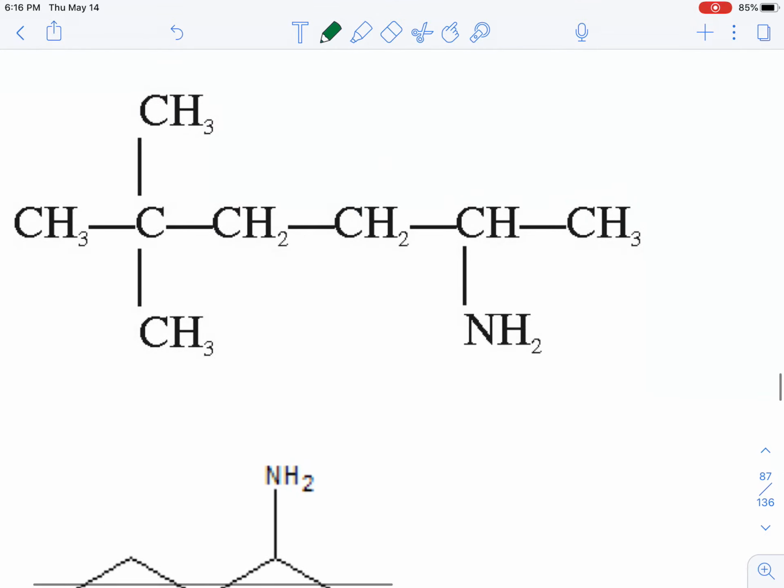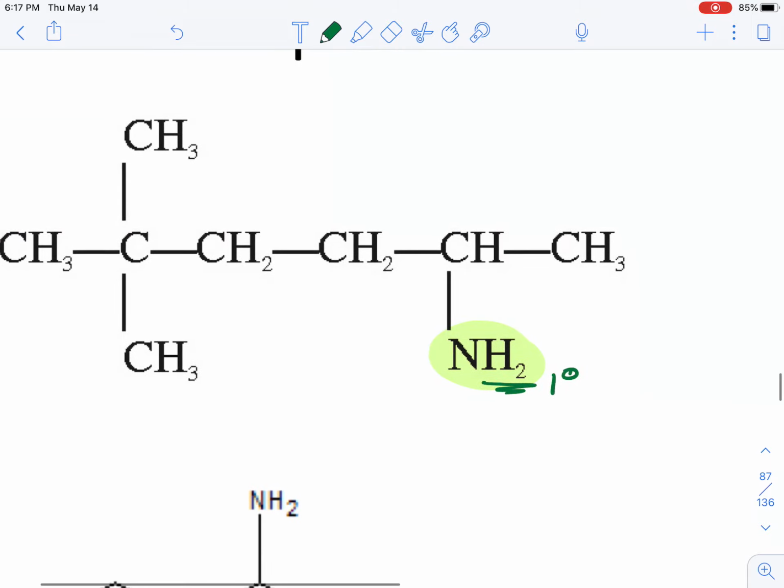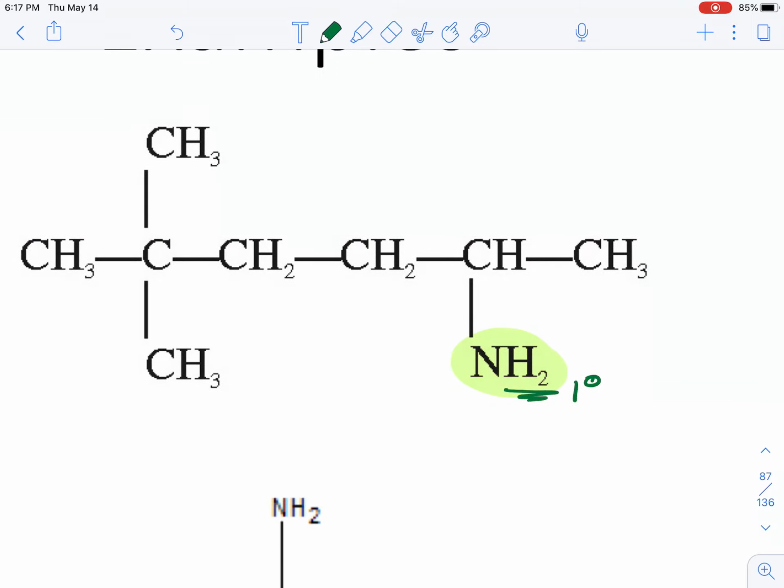And so looking at this first example, this is just a little bit longer. That's fine. So notice I have a primary amine. I know that I have a primary amine because it's NH2. And so now that I know I have a primary amine, I need to figure out my longest carbon chain. 1, 2, 3, 4, 5, 6.